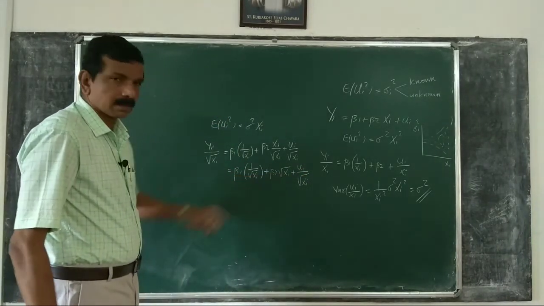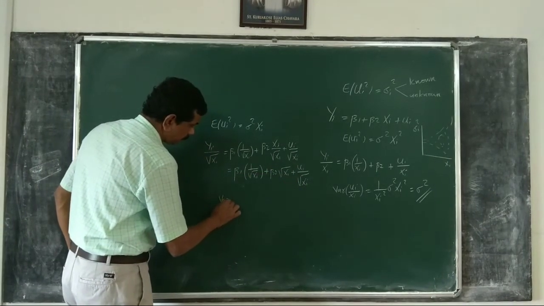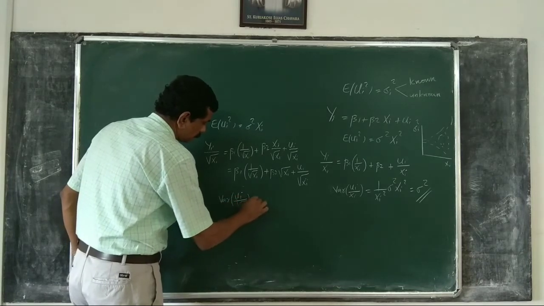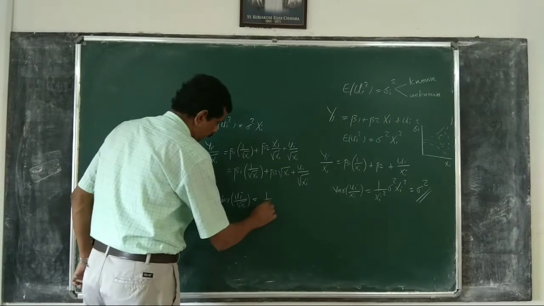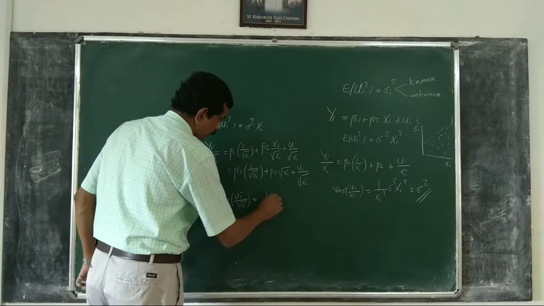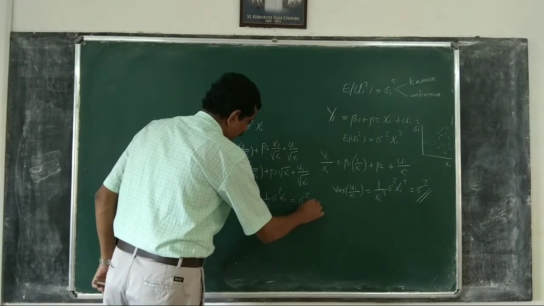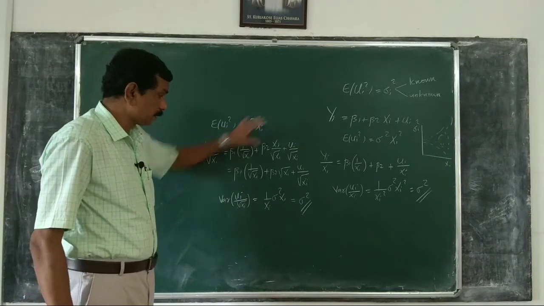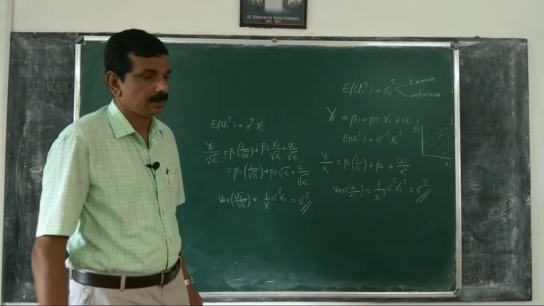Now consider this disturbance. The variance of ui by root xi is equal to 1 by root xi square, that is 1 by xi, into sigma square xi. Again it is sigma square. So if error variance is assumed to be proportional to xi, divide throughout by root xi; that is the solution.